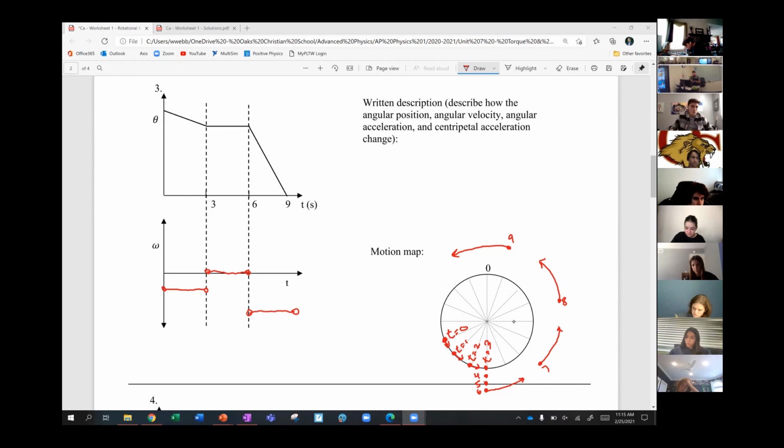And then for the motion map, you should have 3 seconds of constant slow velocity, 3 seconds of stationary, and then 3 seconds of rapid movement. And if I would have drawn mine to scale a little bit better, I would have reached the 0 a bit better with my 9, but you get the idea of the bigger and the smaller.